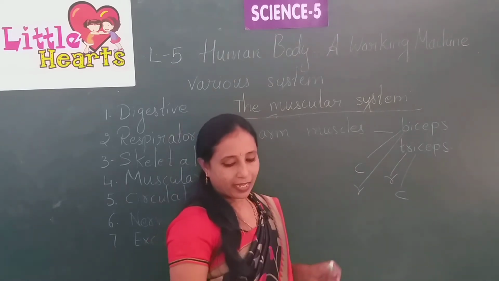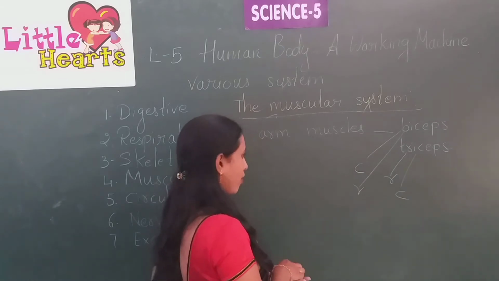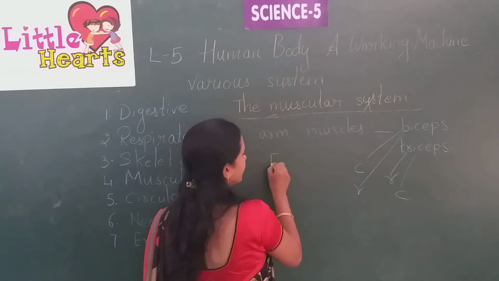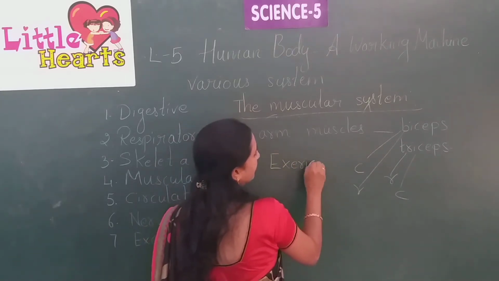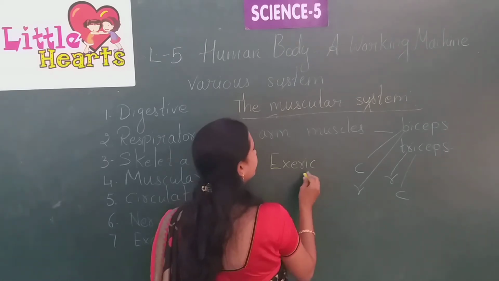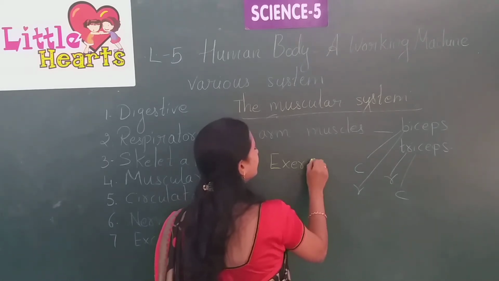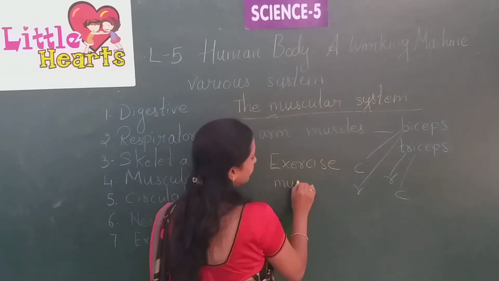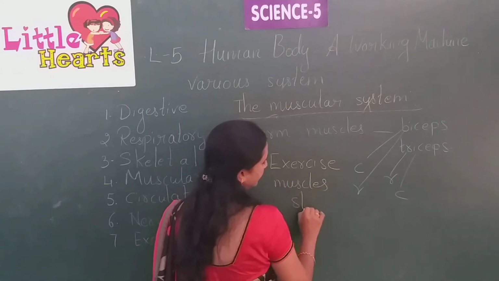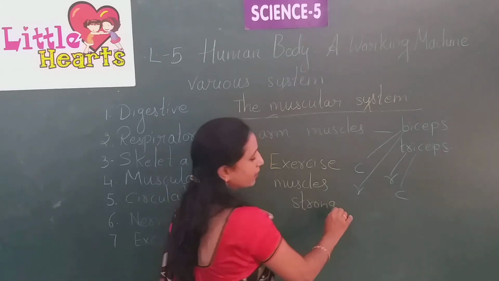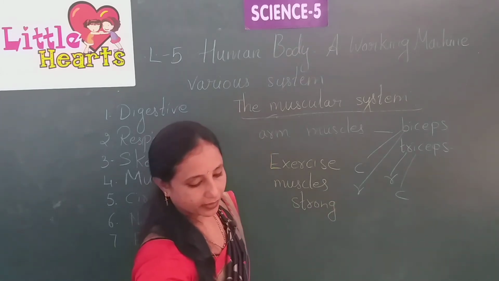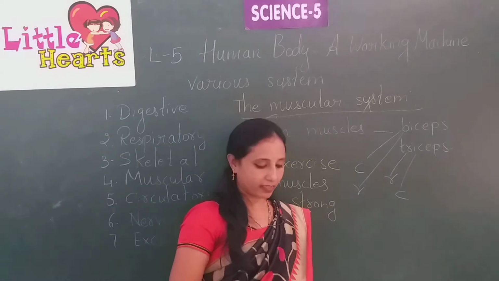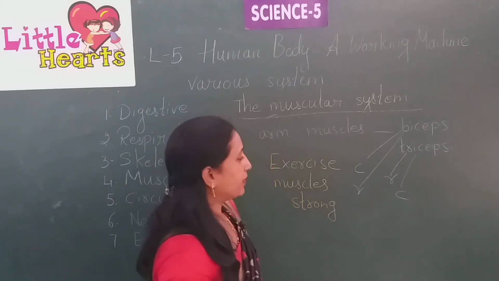So exercise makes the muscles stronger. How to make these muscles stronger? Exercise makes muscles strong. A muscle is made up of a bundle of fibers.